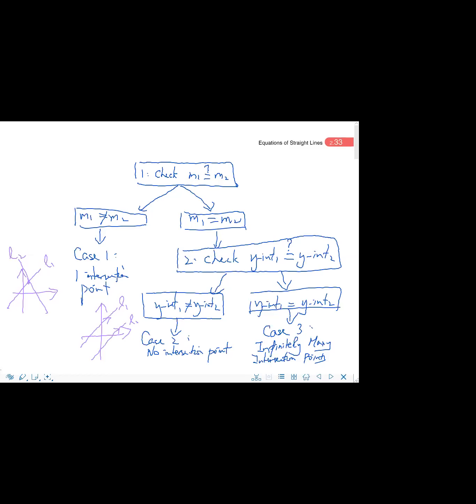And for case 3, L1 and L2 have the same slope and the same y-intercept. So basically, L1 and L2 are the same straight line. So L1 and L2 coincide with each other. They are overlapping each other. So how many intersection points are there?